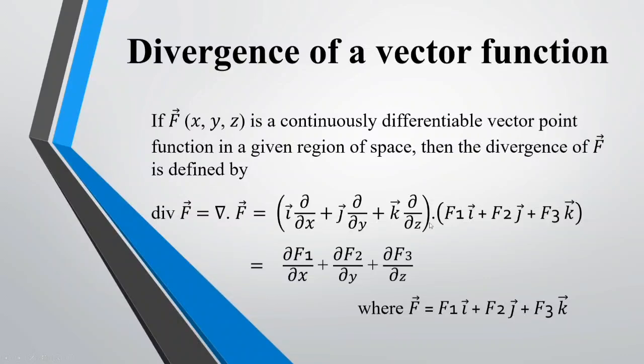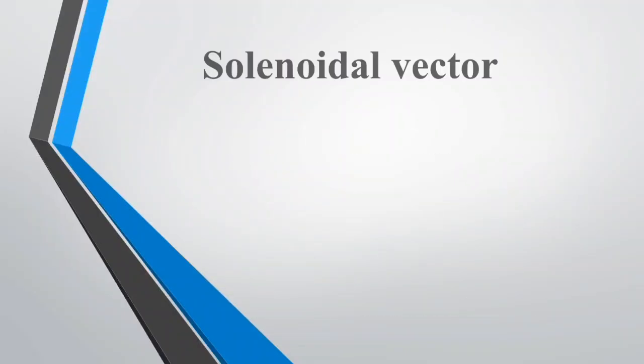So the dot product will give the result dou f1 by dou x plus dou f2 by dou y and dou f3 by dou z. So this is the definition for divergence of a vector function.